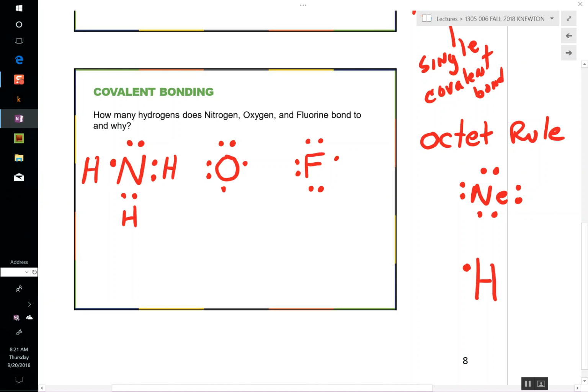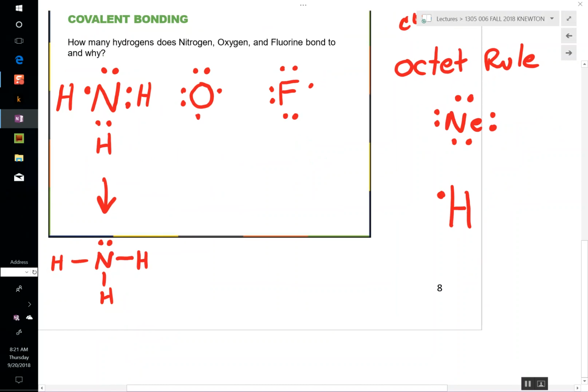And that would correspond to this, the Lewis dot structure for a compound that has the formula NH3. Anybody know what NH3 is? Ammonia.